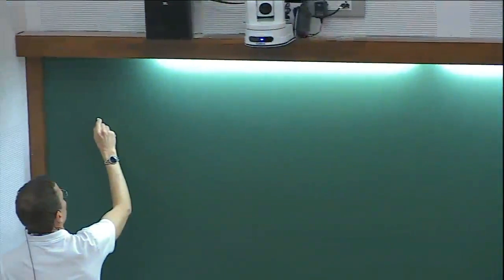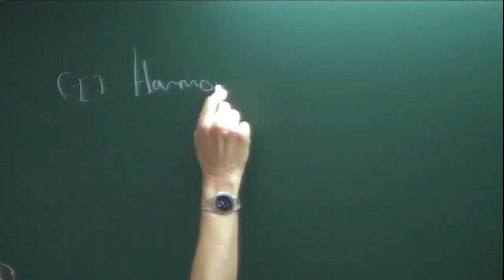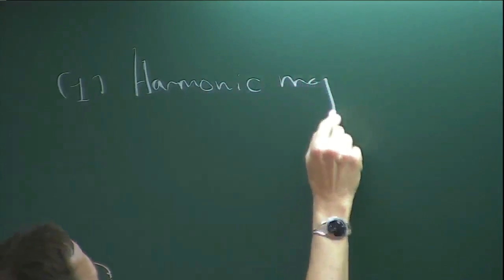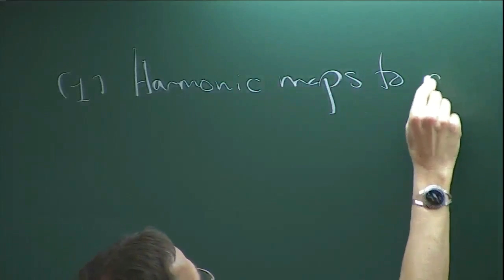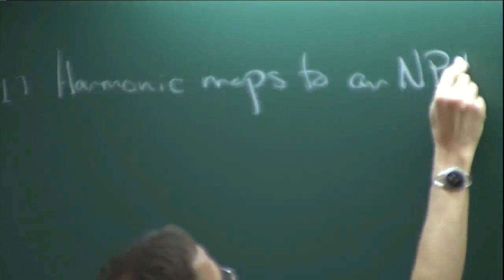So the plan of the talk is to start by describing what I mean by a harmonic map to an NPC space, so a non-positively curved metric space.